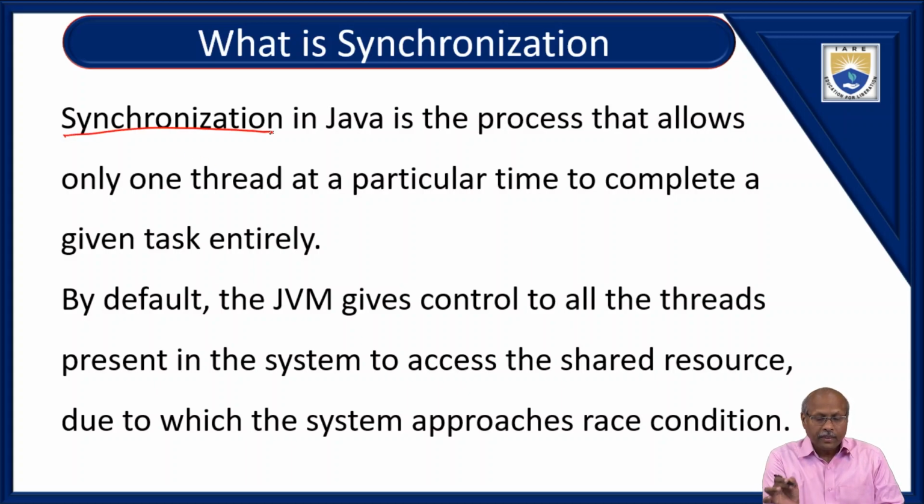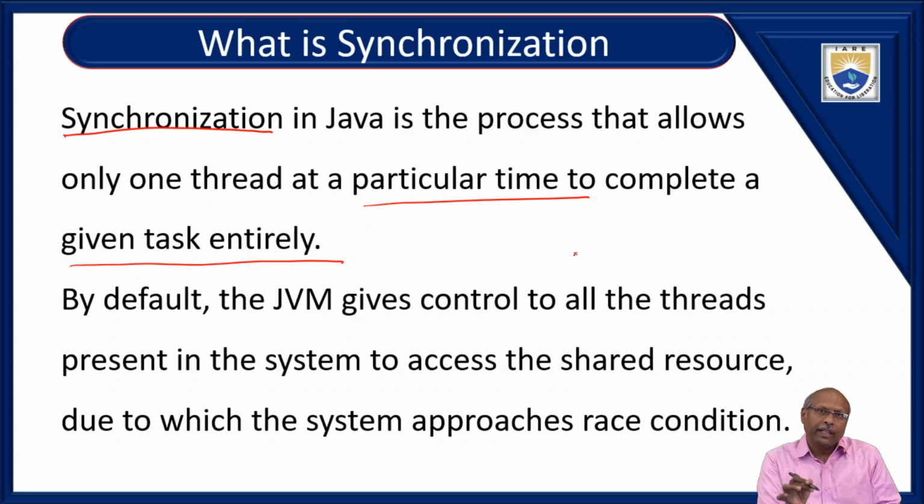Synchronization in Java is a process that allows only one thread at a particular time to complete a given task entirely. So, if there is a common resource area, that resource area may have some set of statements that can be executed by only one task at a time, but not all.